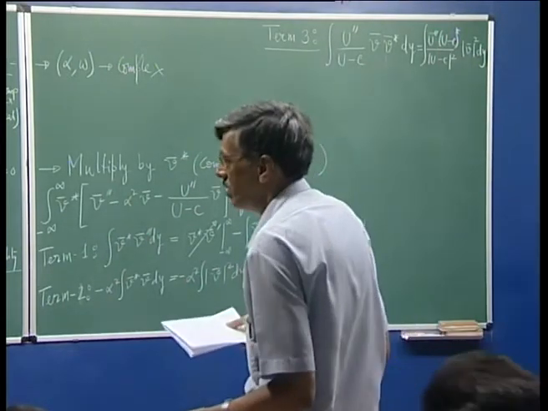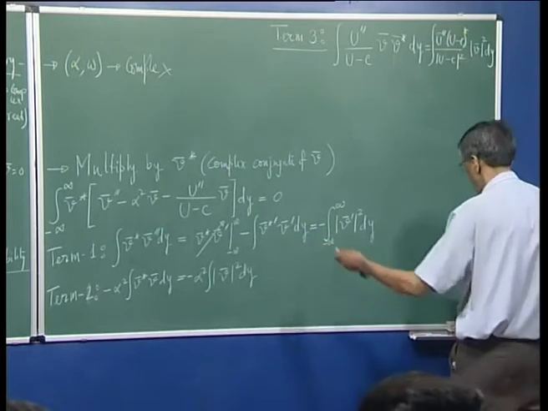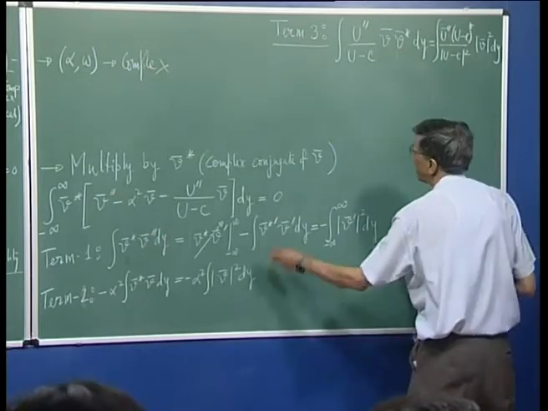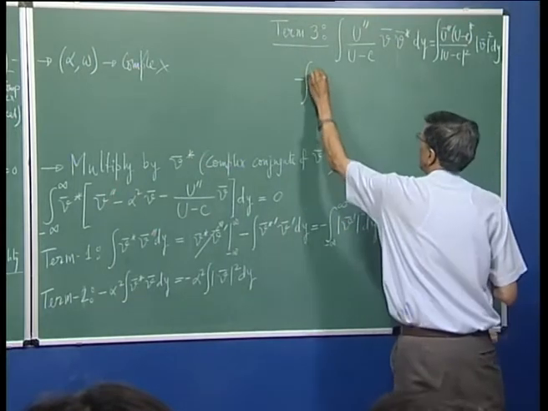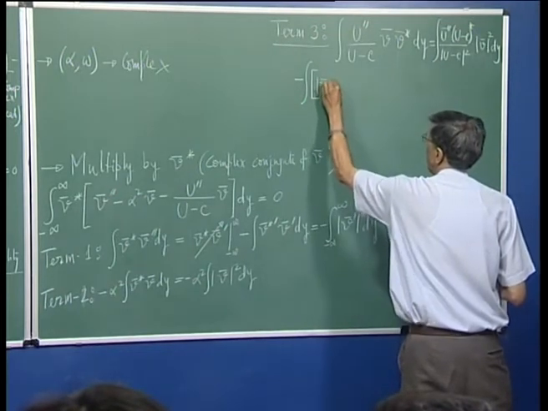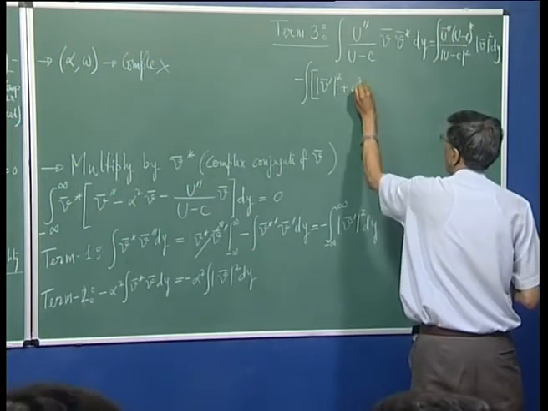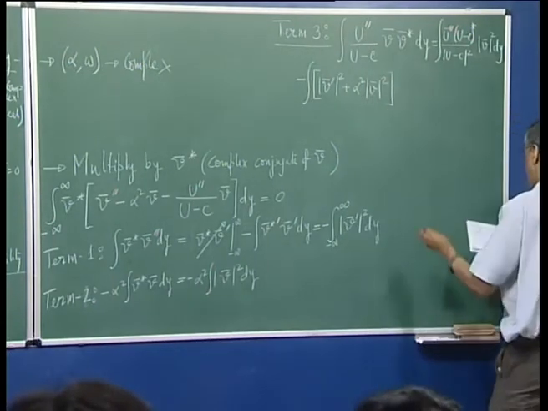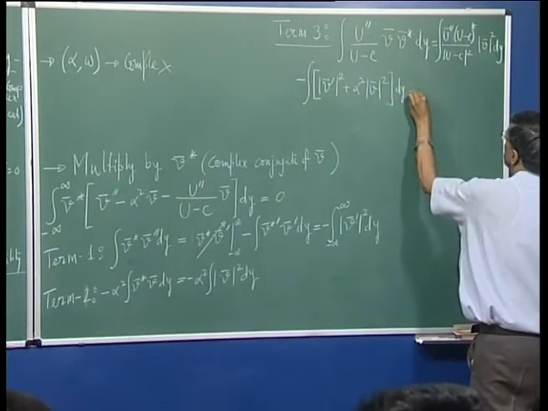So, now what you get, you can collect all the terms, the first term, the second term and the third term. What do I get? This is negative, this is negative. I will take a negative quantity together, and inside I have the integral of mod v bar prime squared plus alpha square mod v bar squared, that is that, and this term is this.